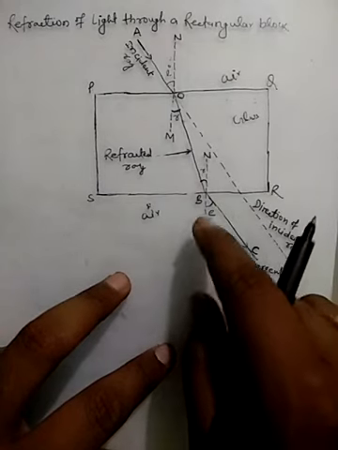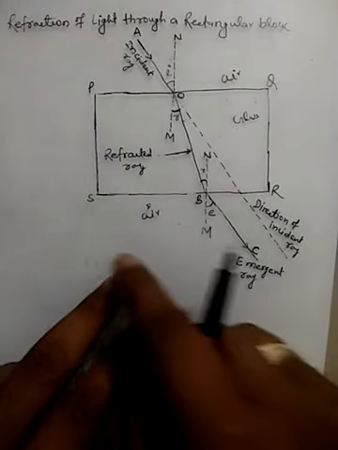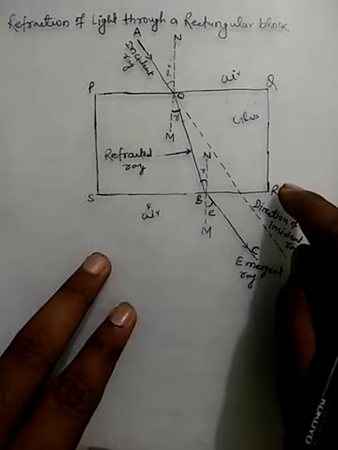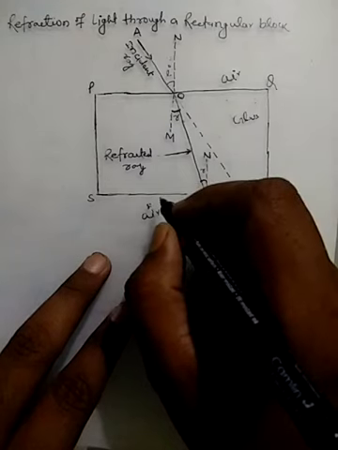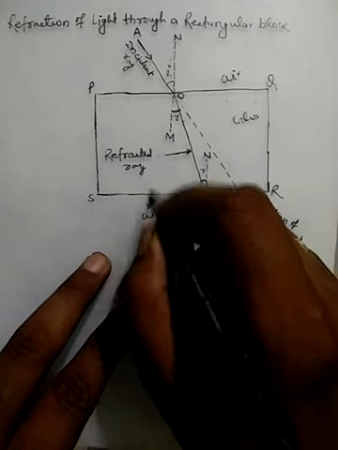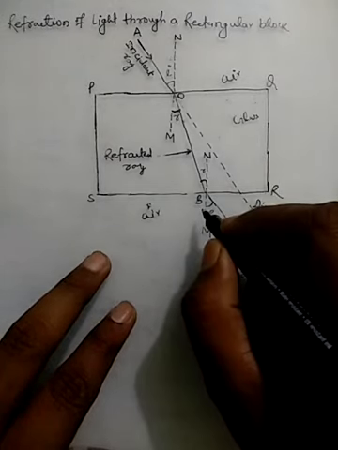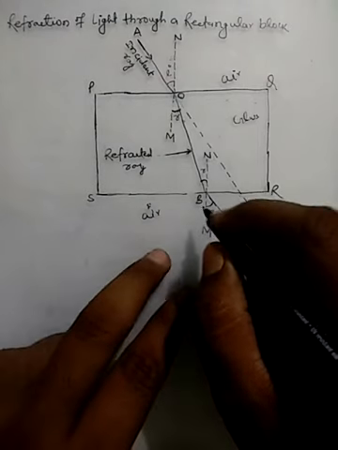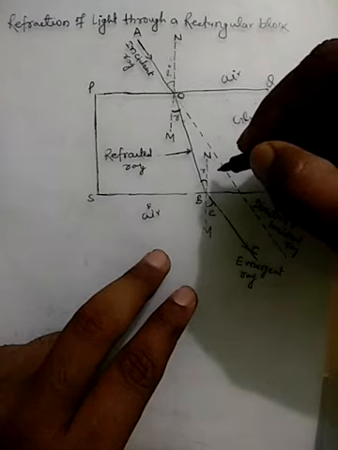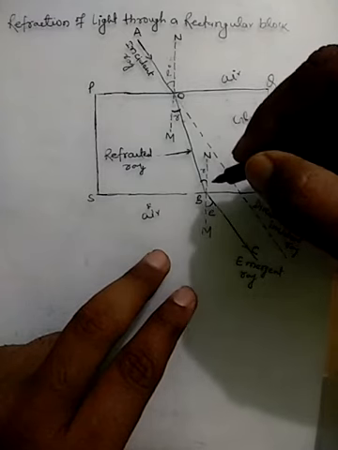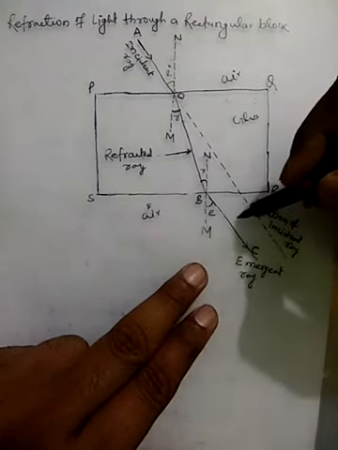Here MN represents the normal to this surface RS, which is also a separating surface between air and glass. Point B is the point of emergence from which the light ray emerges from glass to air, and it bends away from the normal.